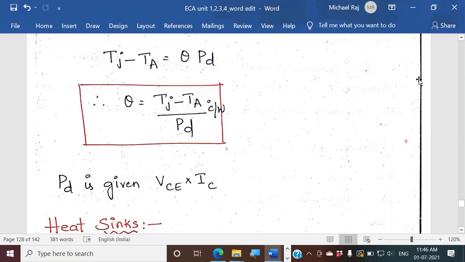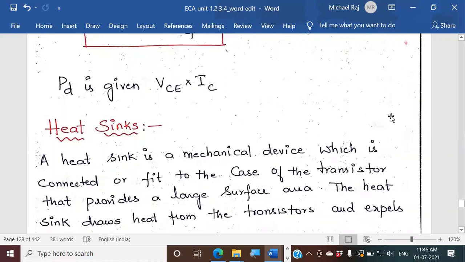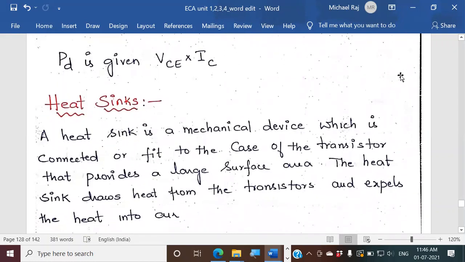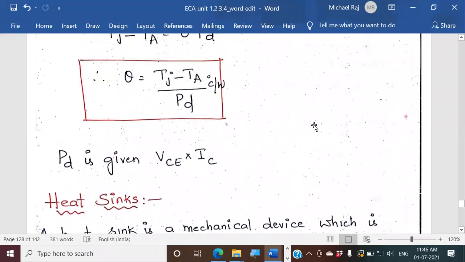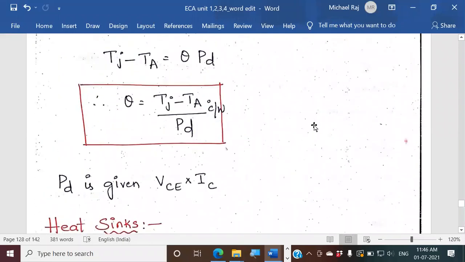We are using a fan. There are other techniques also, known as heat sink. So what a heat sink does is, I want another simple question. Now the task is to throw away the heat from the transistor to the surrounding.